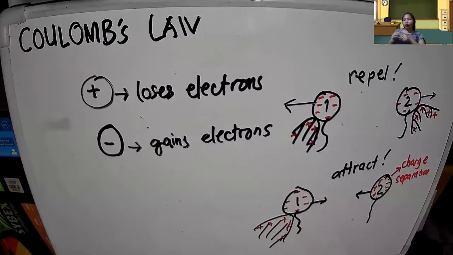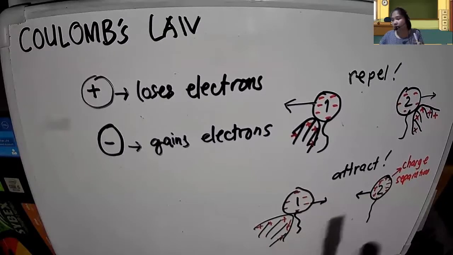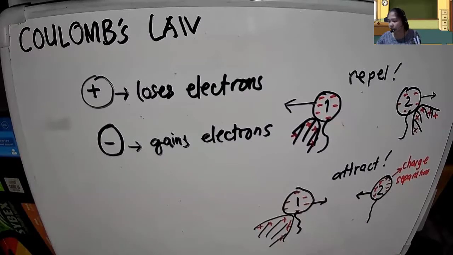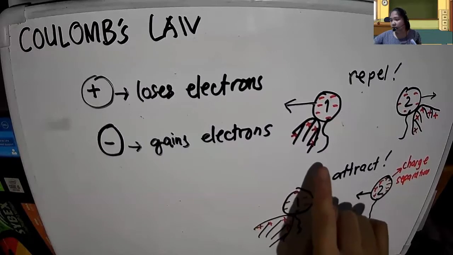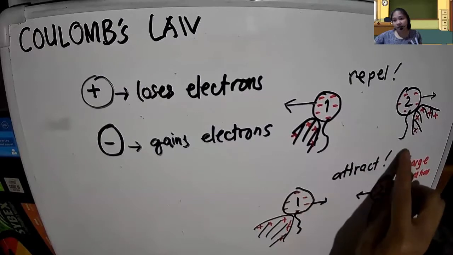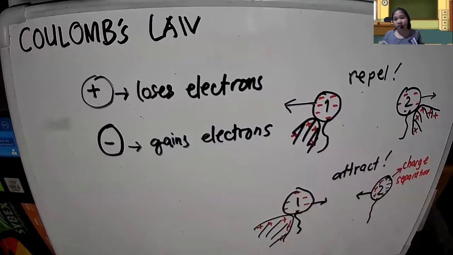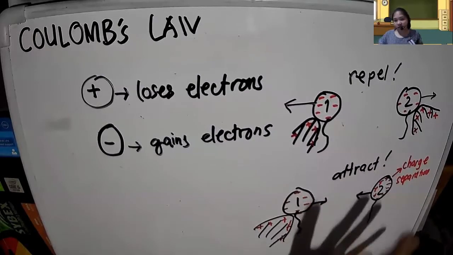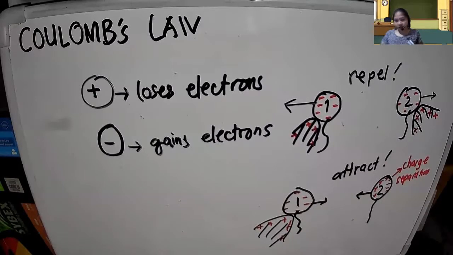Before the 18th century, they could not quantify the force of attraction or the force of repulsion between these. So there was really a question as to how strong the forces are between these two objects, how strong the force of repulsion is between these two objects, and what are the factors that affect these forces.